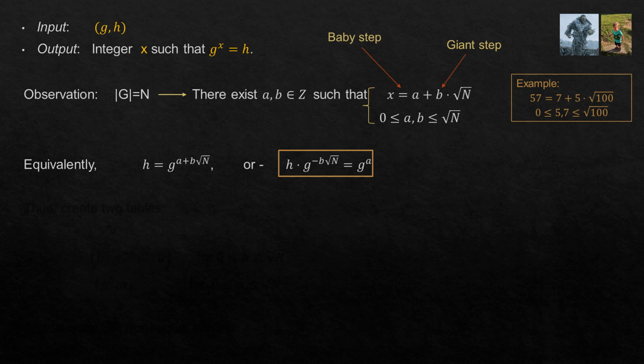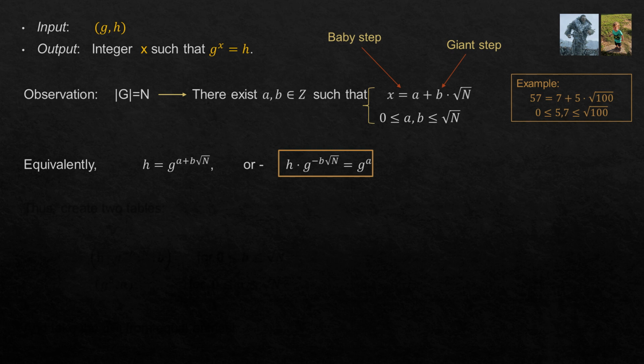So now you kind of have to do some math in your head, but an equivalent statement to x being equal to a plus b times square root of n is that, when we plug in x, h is equal to g to the power of a plus b square root n, or this statement: h times g to the power of minus b square root n is equal to g to the a.